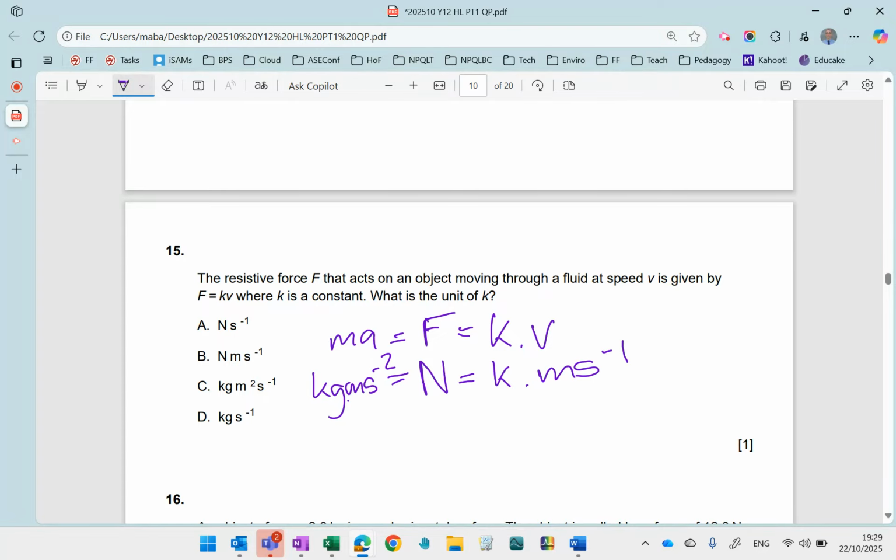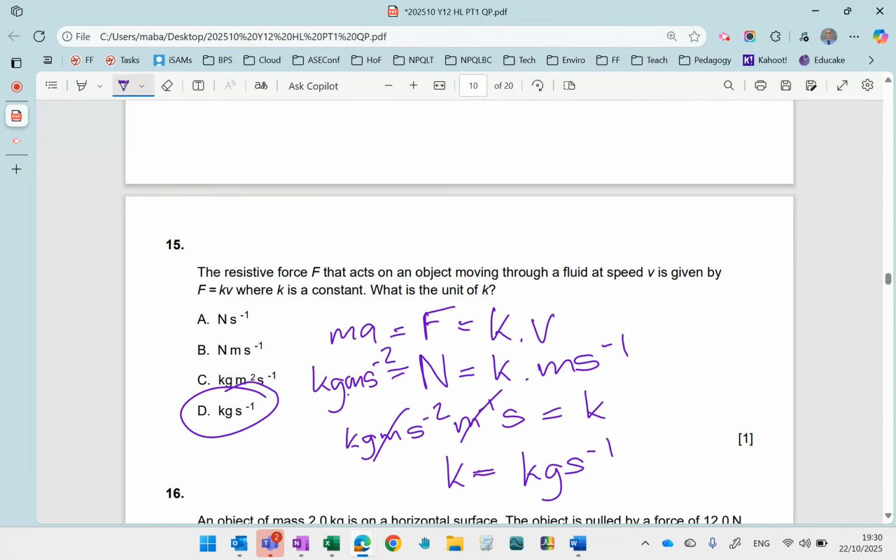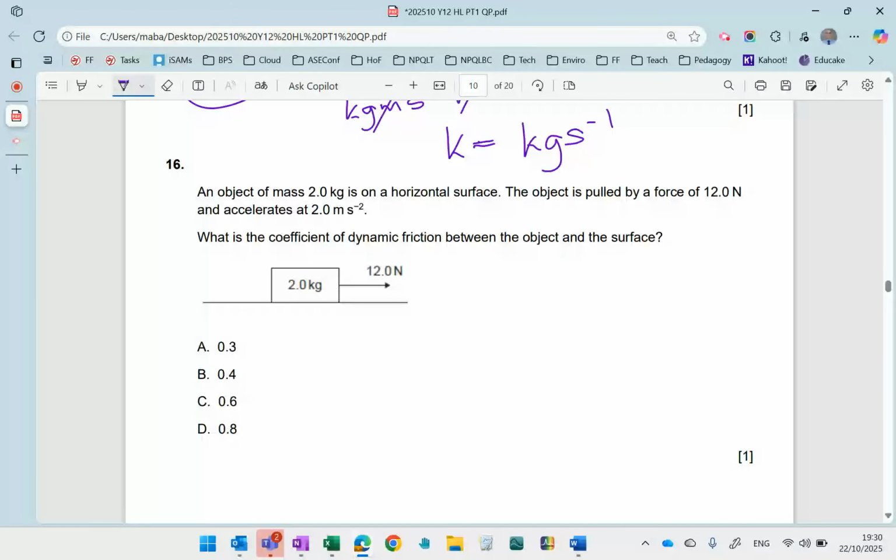So we're going to do kilogram meters per second squared, and then I'm going to move all of the stuff over from the right hand side, so that's per meter per second. All of that's going to be the units of k. So units of k are kilograms, the meters and the meters disappear. Seconds to the minus 2 times seconds, that's seconds to the minus 1. That gets us D. Great, that was less than 2 minutes. We're speeding up a bit now, aren't we?